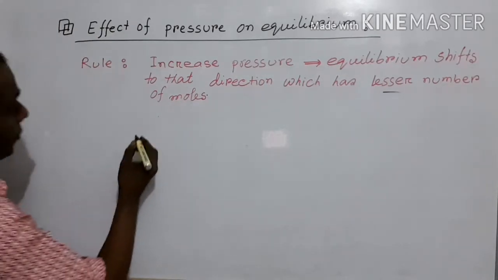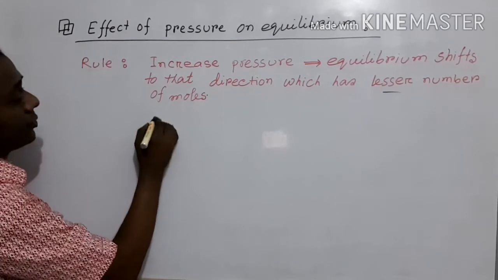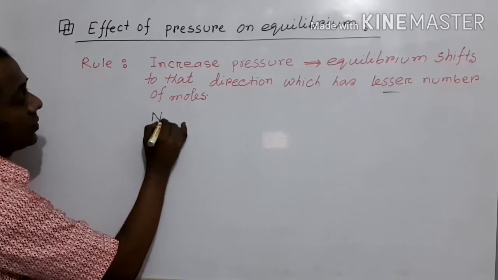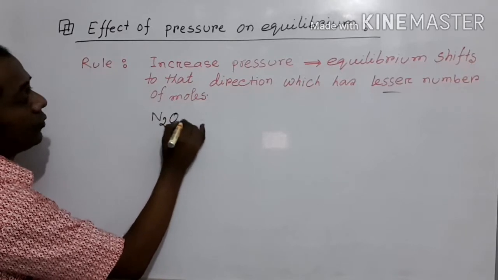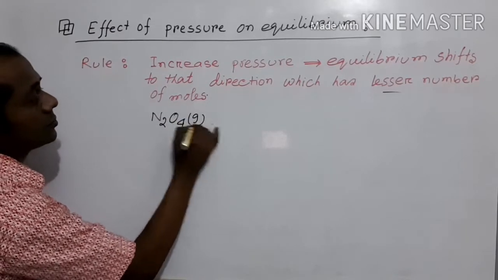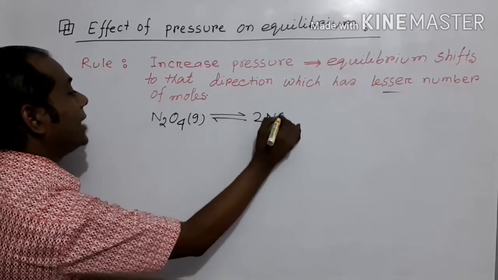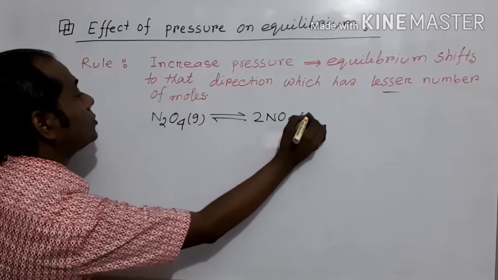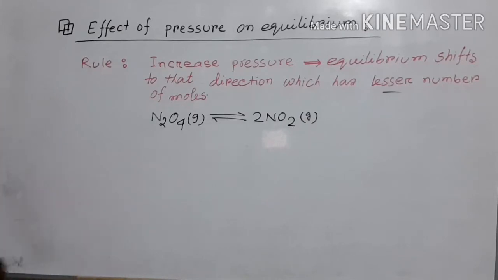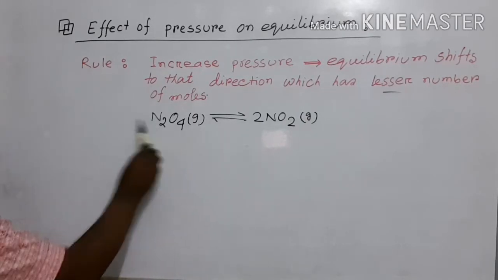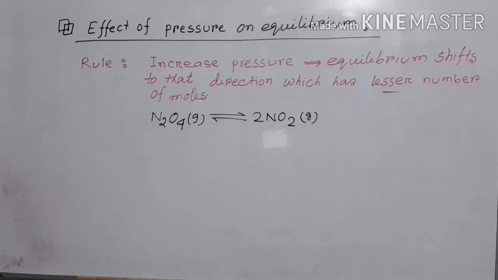Now if we consider the reaction N2O4 to NO2, here the lesser number of moles is on the reactant side.